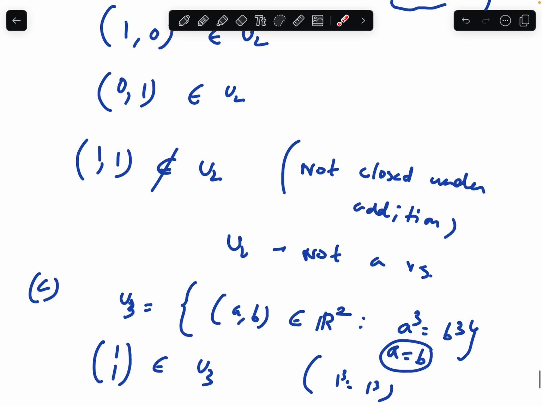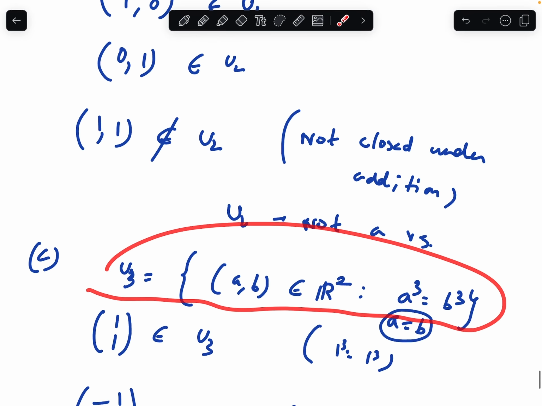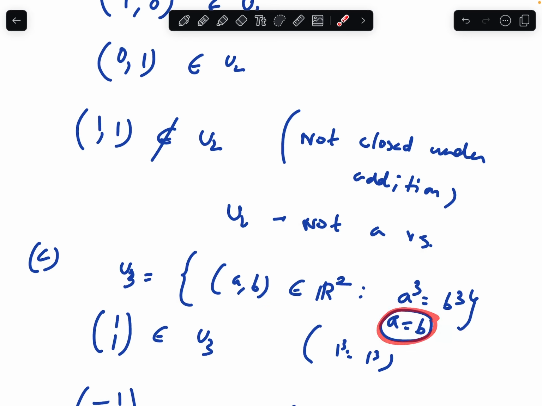Now, let's take a look at another set. U3 is equal to {(a, b) in R2 such that a cubed equals b cubed}. Is this a subspace? Let's see. A cubed equals b cubed means a equals b, right?